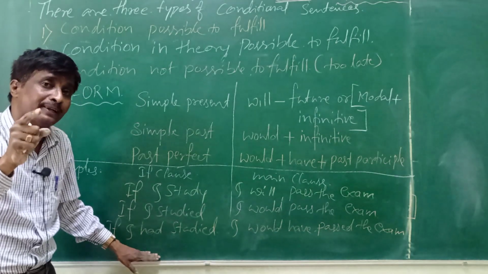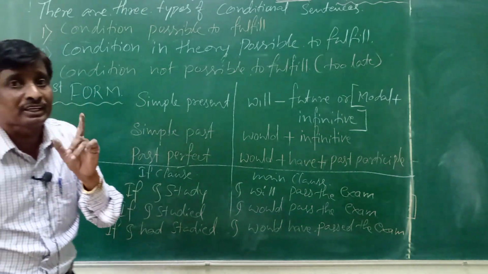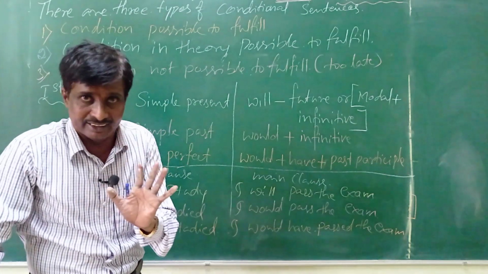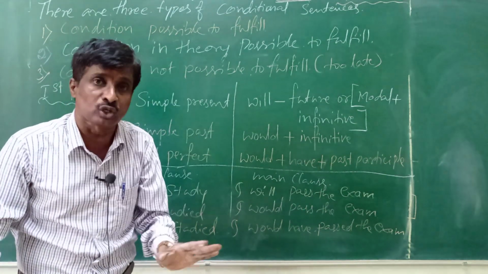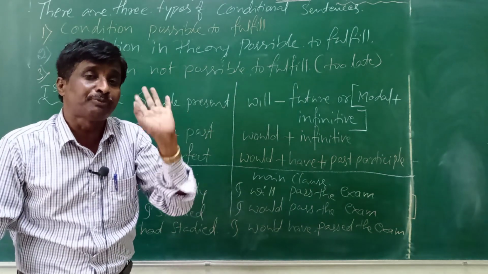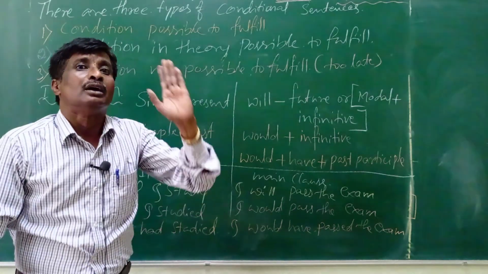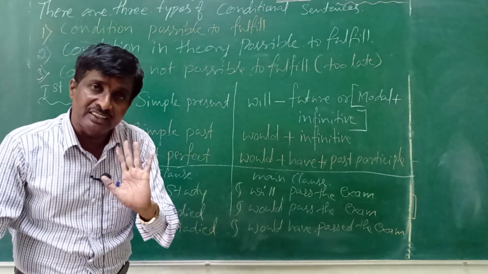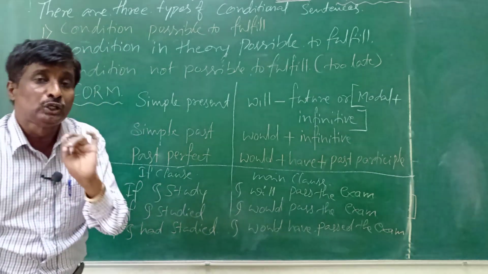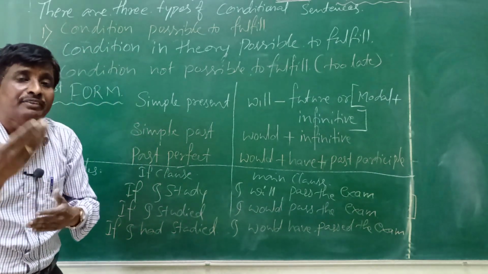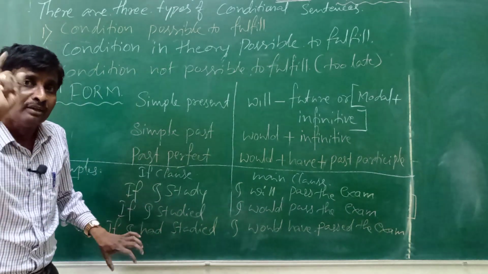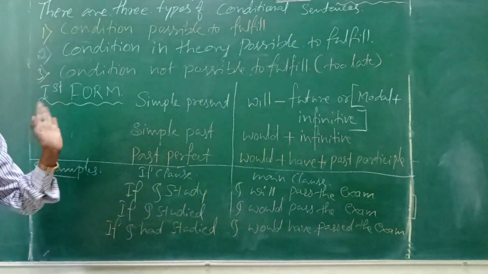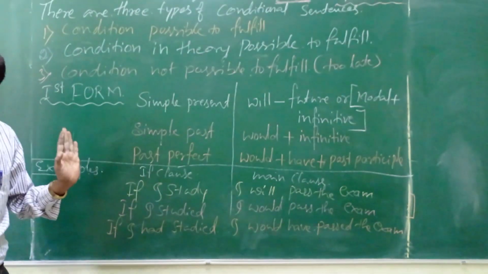Do remember, children, if you forget the tenses, you can't understand this. Please remember the 12 tenses, and perfect continuous, simple and continuous. Don't forget that. Recall your memory, then only you can understand this part without any misunderstanding.